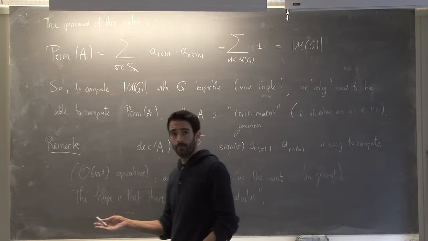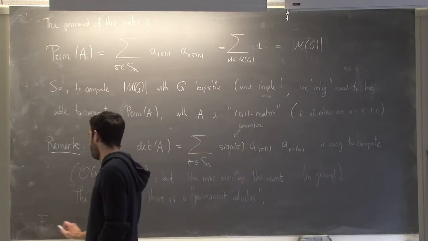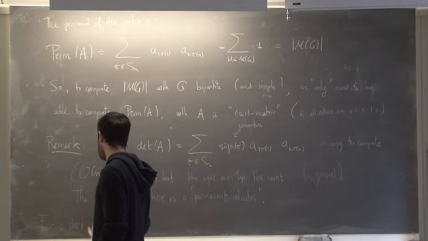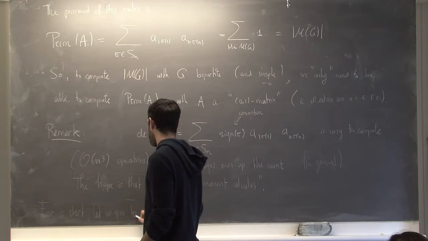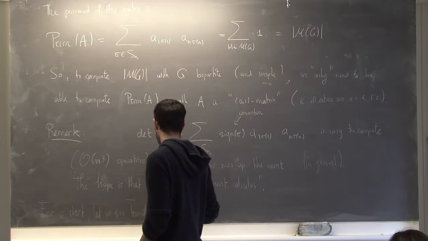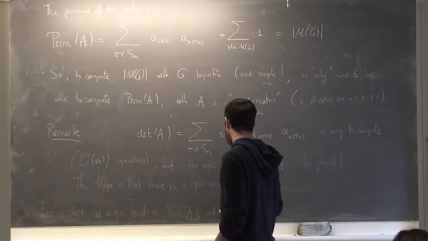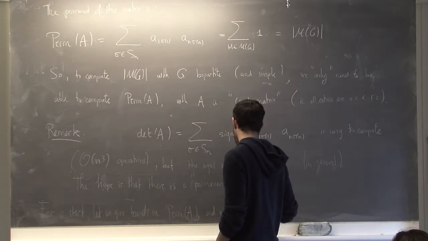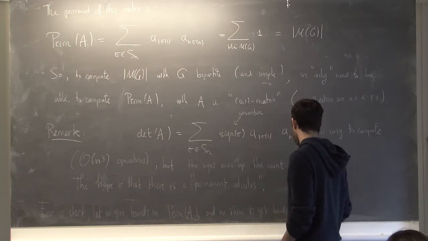We'll see there is none, but for a start, let us give bounds on this permanent and use them to get bounds on the number of perfect matchings.